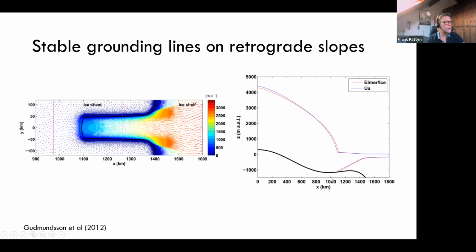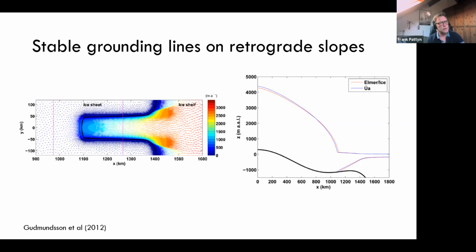And given that you have sufficient buttressing by the ice shelf in your narrow trough, as can be seen here, you can obtain stable grounding lines. This was, first of all, an experiment in which only two models were used, UA and Elmer/Ice, a full Stokes model and an SSA model. And you see that they both are capable of producing such a thing.